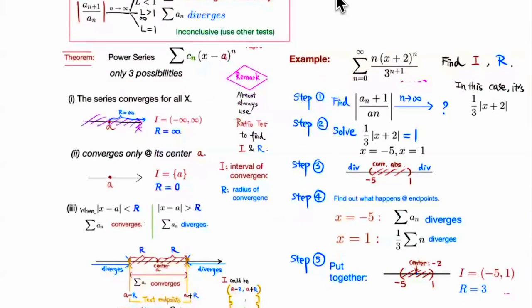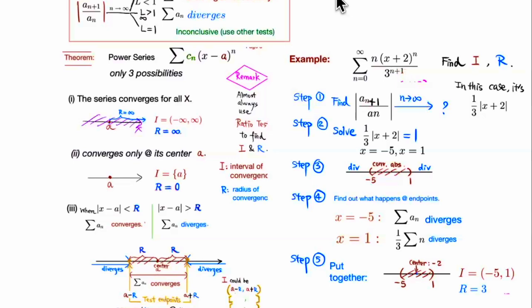Step 1, 2, 3. Number 1, you find the limit of the ratio a_{n+1} over a_n, and want to see what it goes to.